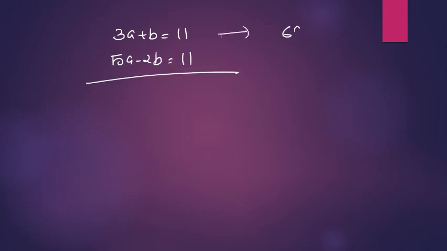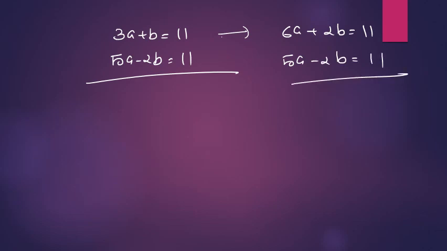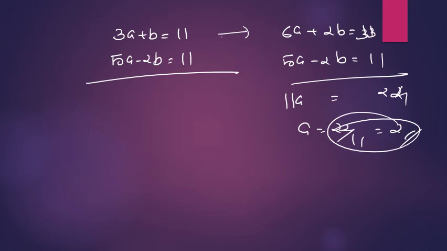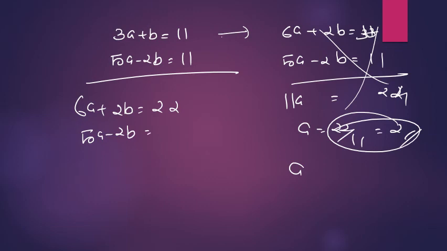Let us multiply this equation once more. So 6a plus 2b is equal to 22. 5a minus 2b is equal to 11.